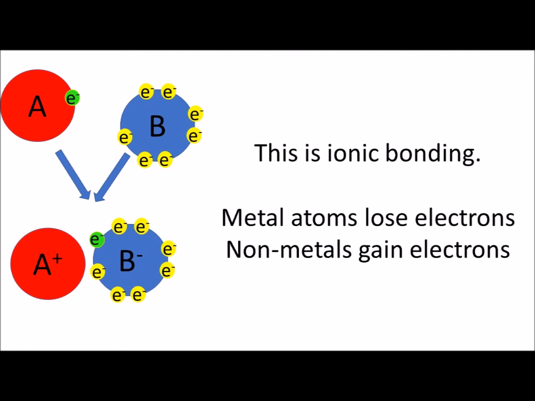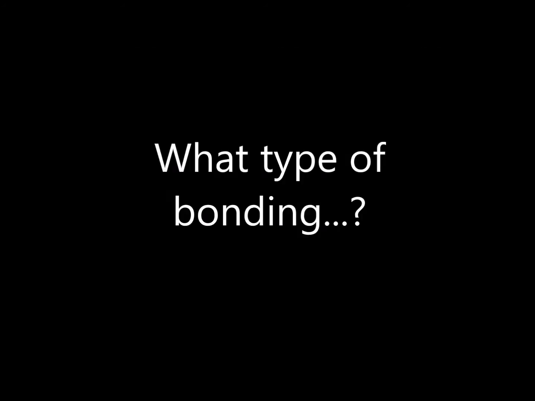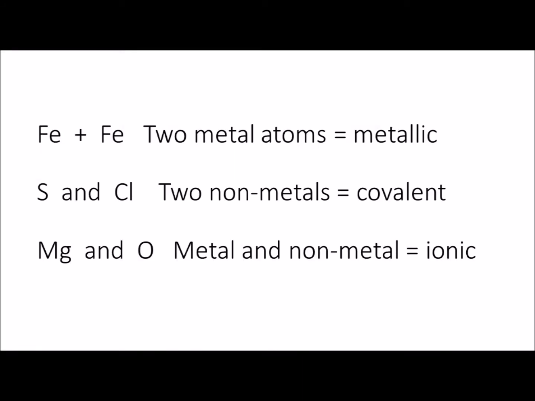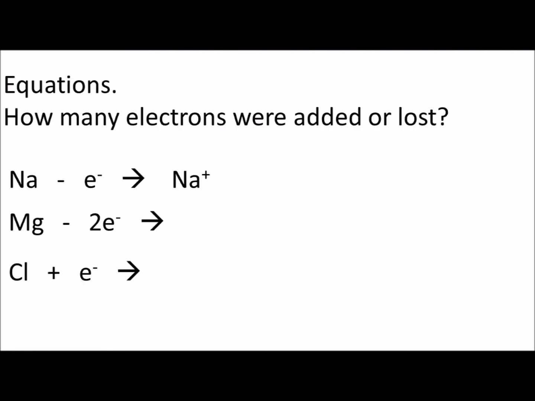The first type of question about this would be, what type of bonding do you get when these atoms join? So two metal atoms would be metallic, two non-metals would be covalent, and a metal with a non-metal would be ionic. The second type of question could be about how many electrons are gained or lost. Use either information about the charge or which group number they're in the periodic table to help you.